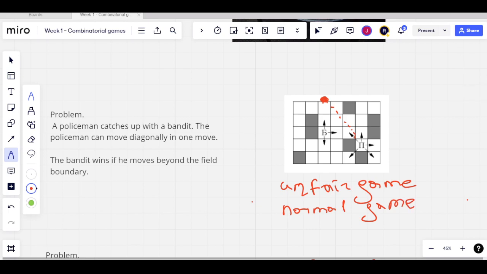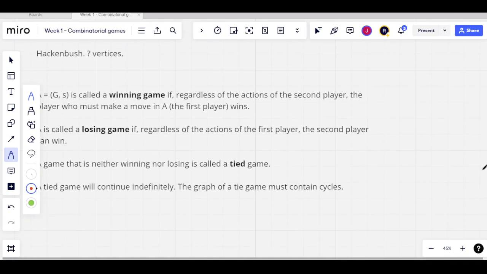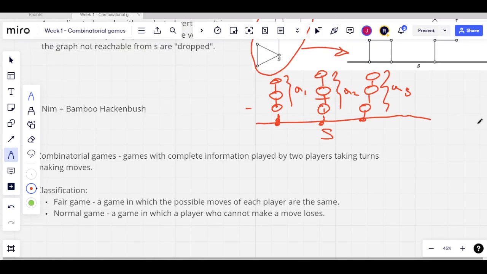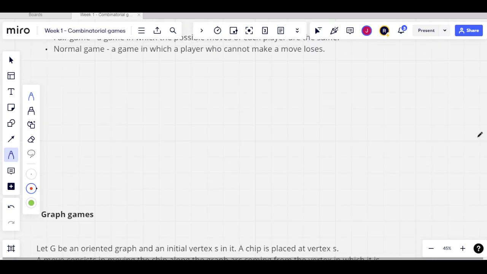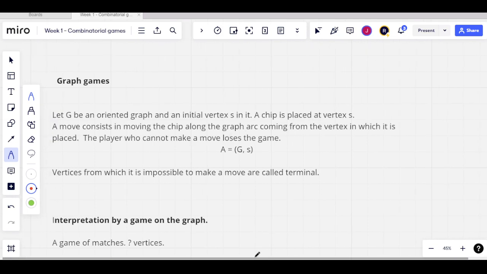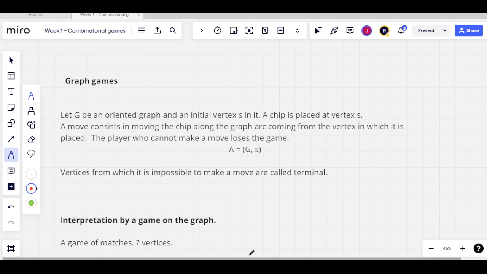It's simple. Okay, we can classify games, and any combinatorial game we can represent as a graph.